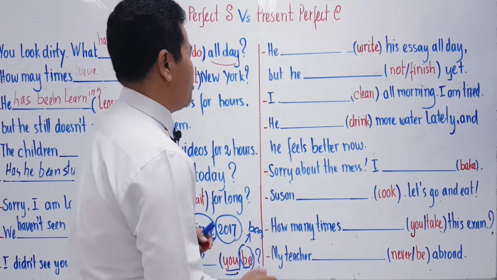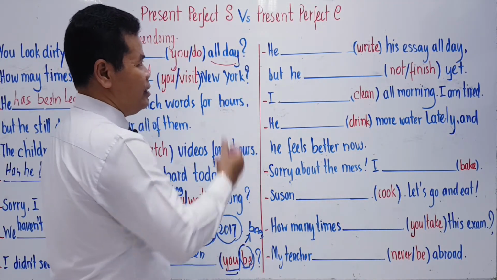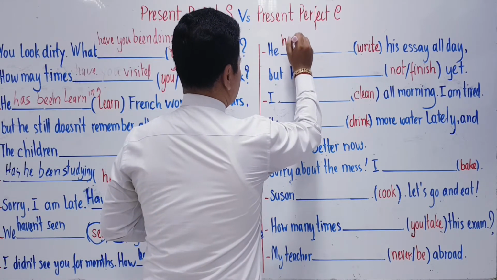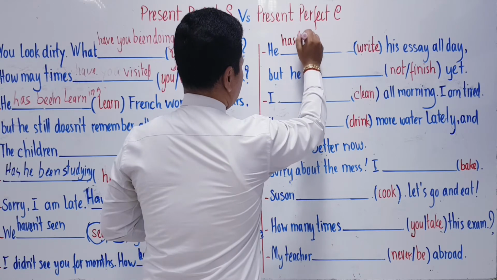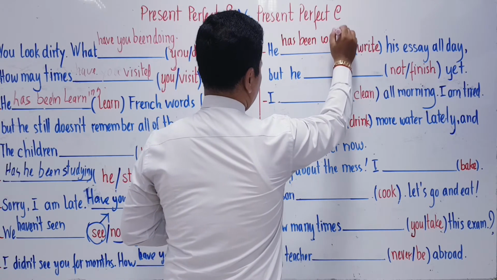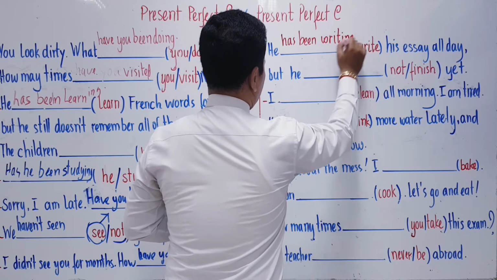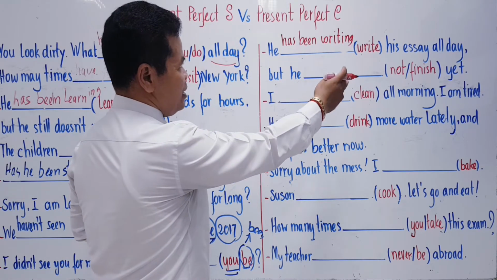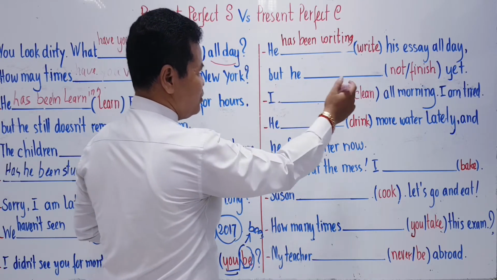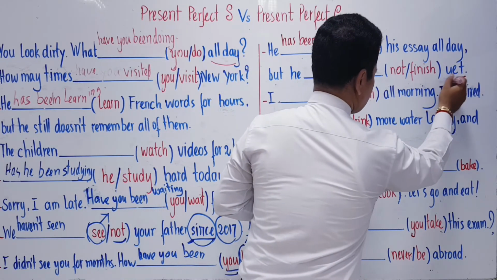Okay? Now, let's go. He, and then, he what? He has, right? Been writing. He has been writing his essay all day, but he what? Can you see the word yet here?